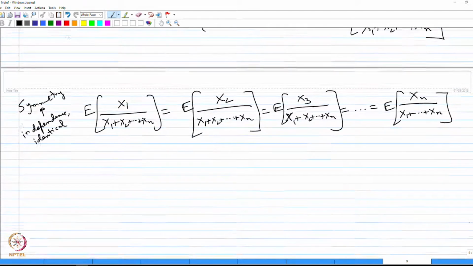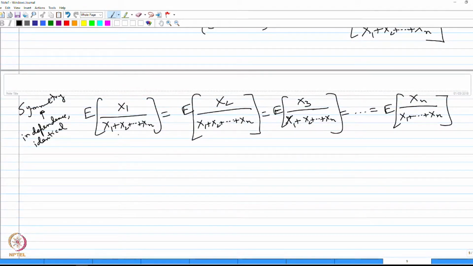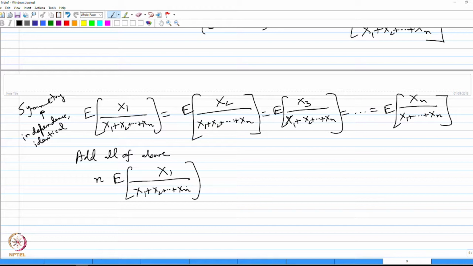And then the next observation is, if you add up all these expectations, what do you get? They're all equal, so you will get n times the expected value of x1 by x1 plus x2 plus xn, right? If I add all of them, I'll get n times this. But you can also add them the other way around.